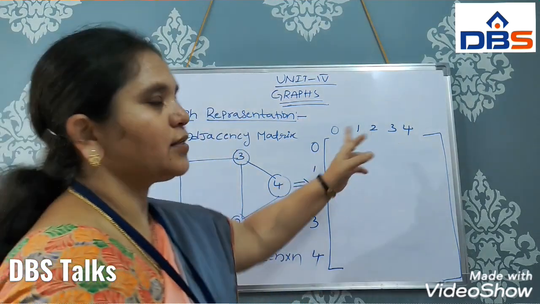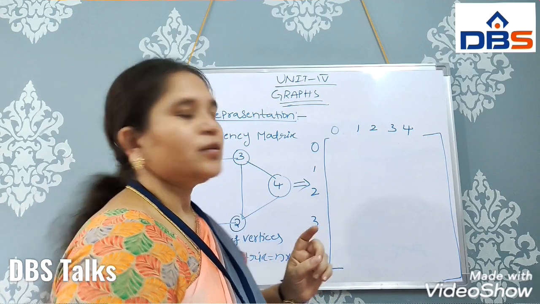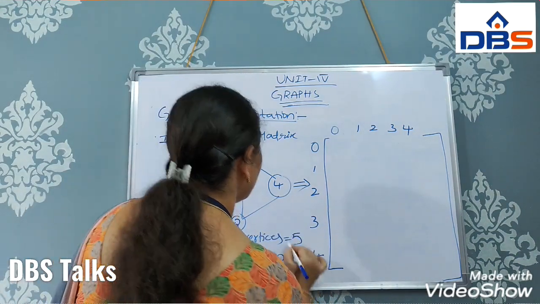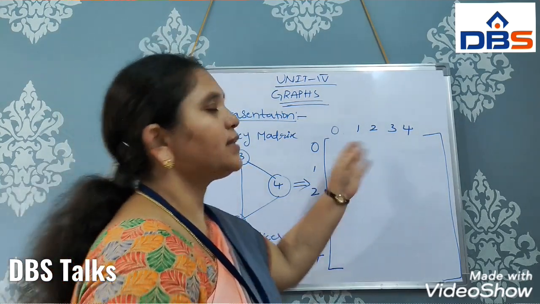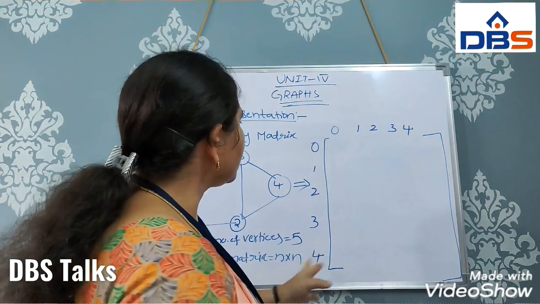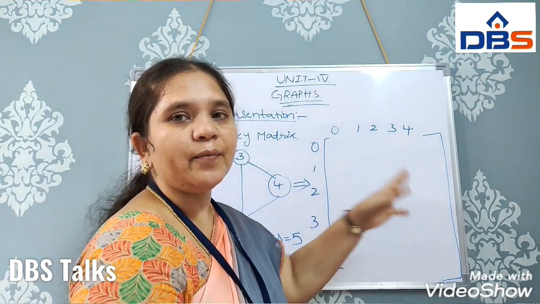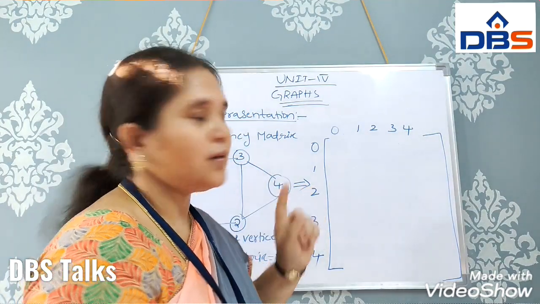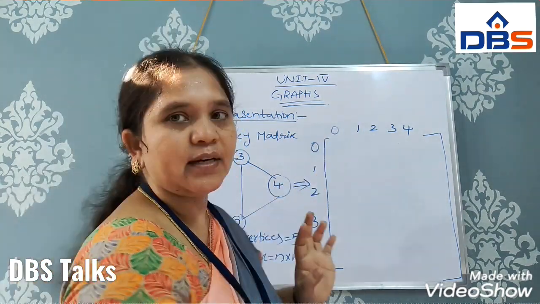How many vertices are we using? 5 vertices, so that is 5 into 5. How many cells are there? 25 memory locations are occupied in the storage according to this graph size. So this is the matrix representation.